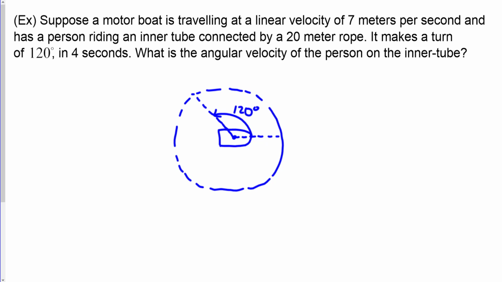Our setup basically doesn't take into account that the boat is moving already, that it's already going 7 meters per second. It only takes into account that the boat is rotating.